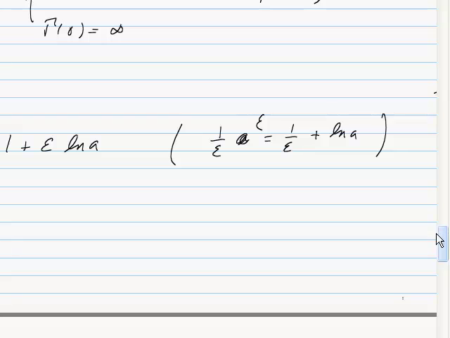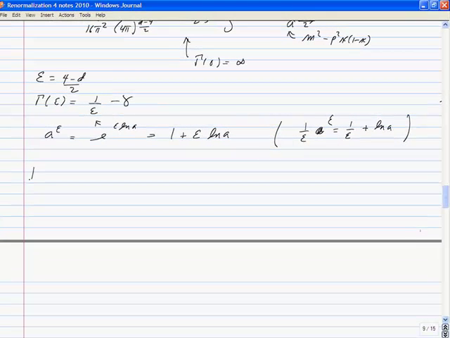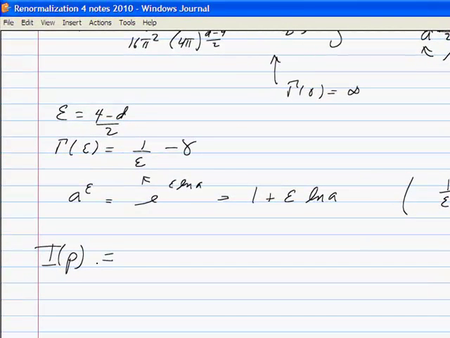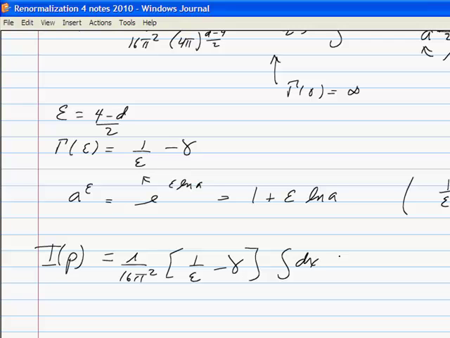So here's then the integral. I of p is i over 16 pi squared, 1 over epsilon minus gamma, that's that factor. And then various things, it's integral dx.